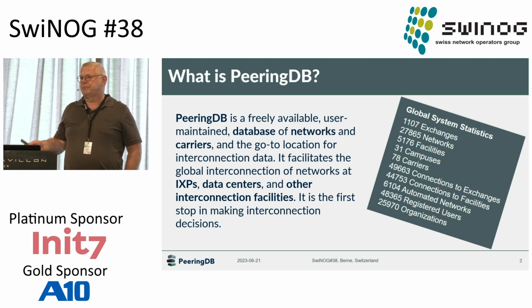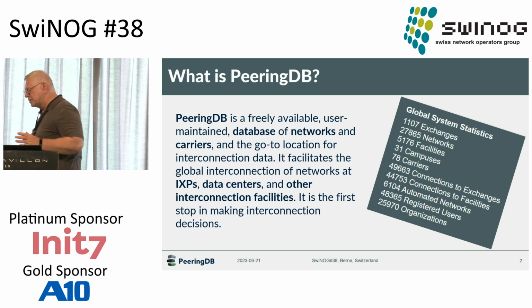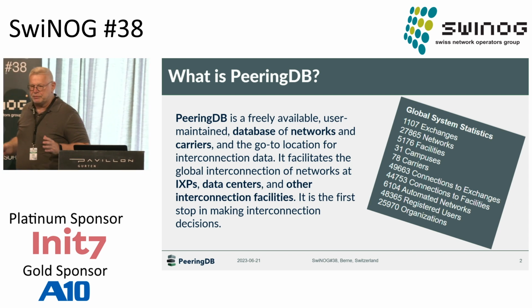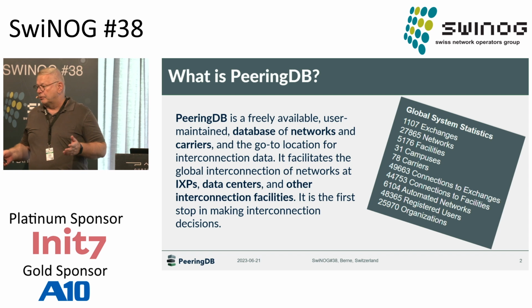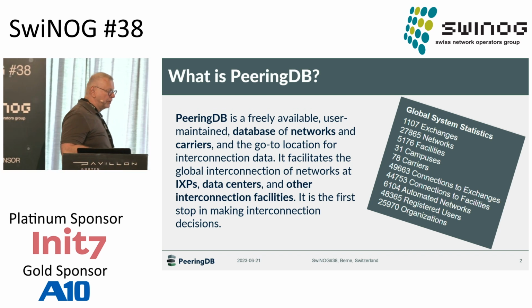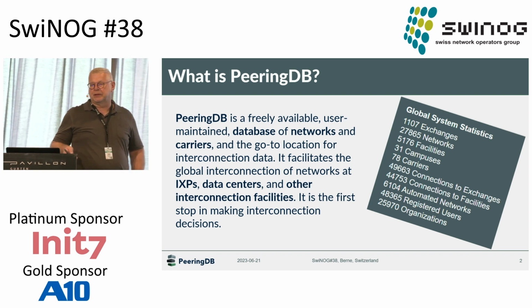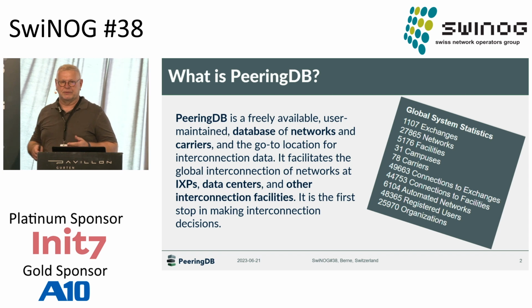So PeeringDB is just a database on interconnection. Basically, what do you need if you want to interconnect? You are either a network service provider in a large chain running an ASN, or you interconnect at internet exchanges, or on a private basis in facilities.